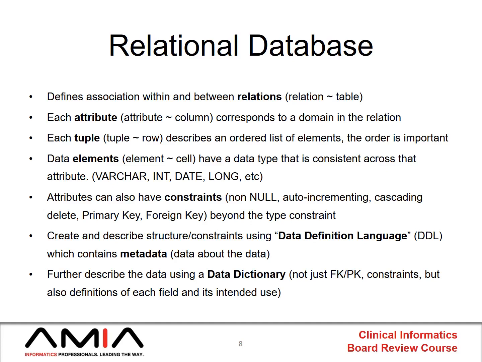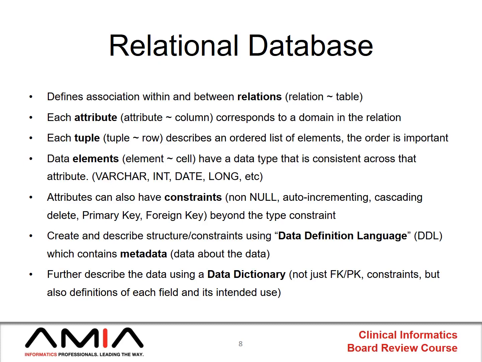You can have something called a cascading delete, which means, let's say you have the same attribute represented in a number of different relations, and I want to enforce that if I delete a tuple from one row, everywhere else that entity is represented in other tables, those deletes cascade their way through the other tables as well.